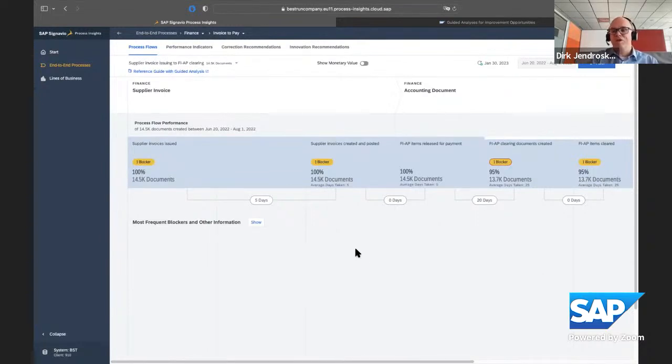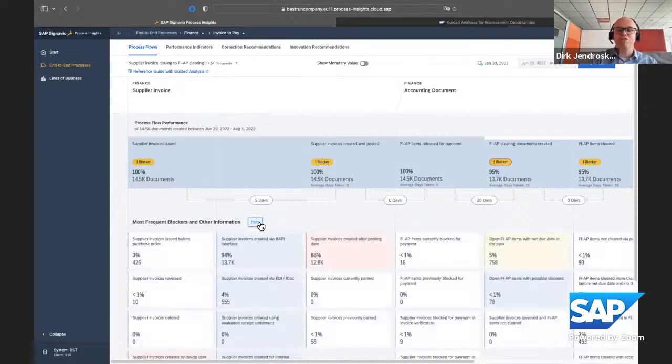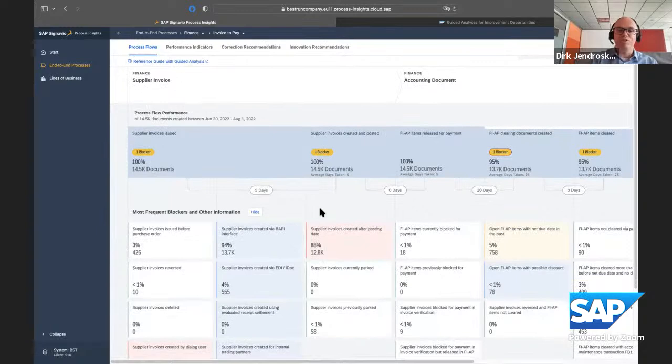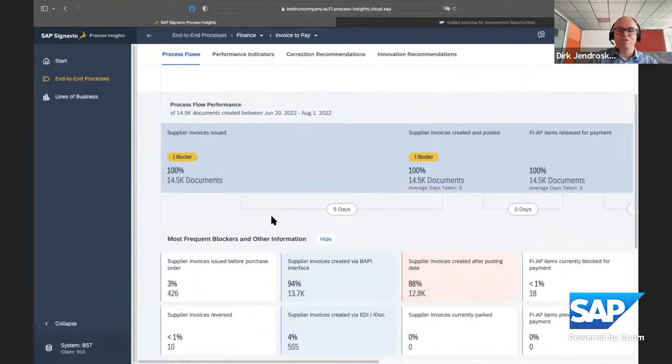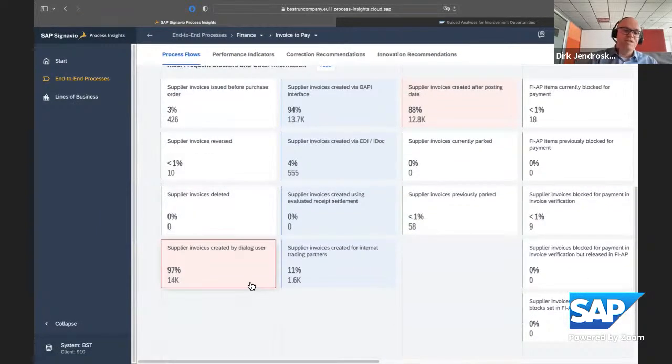Now, understanding more about this process can be very easily done in the software, because what you see here is most frequent blockers and other information. Let's show it. And what you see here is a lot more indicators, a lot more metrics that can help you understand the performance of your process better. Let's look into this one.